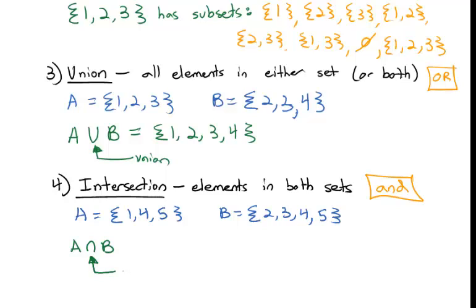It looks like an upside down U, meaning the intersect would be all the elements that show up in both. You'll see the number 4 shows up in both, and the number 5 shows up in both. Because it shows up in both, A intersect B is 4 and 5.